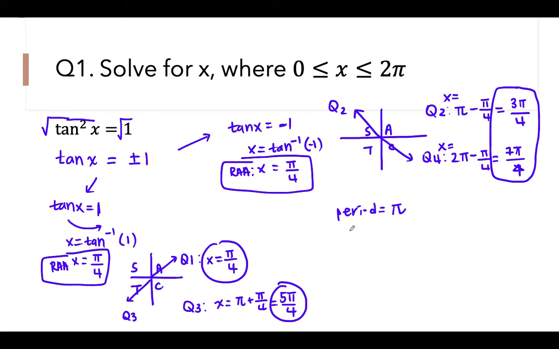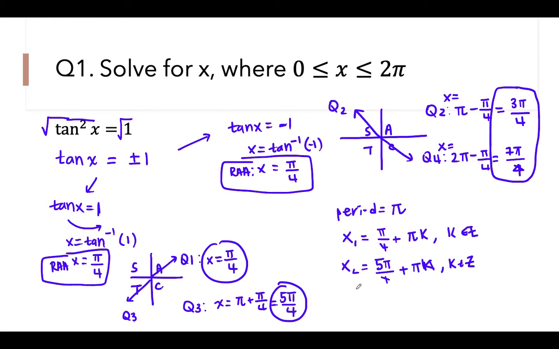So x1, the first one, is pi over 4 plus pi k, where k could be any integer, represented with Z. And x2 is going to be 5 pi over 4 plus pi k, and again, k could be any integer.